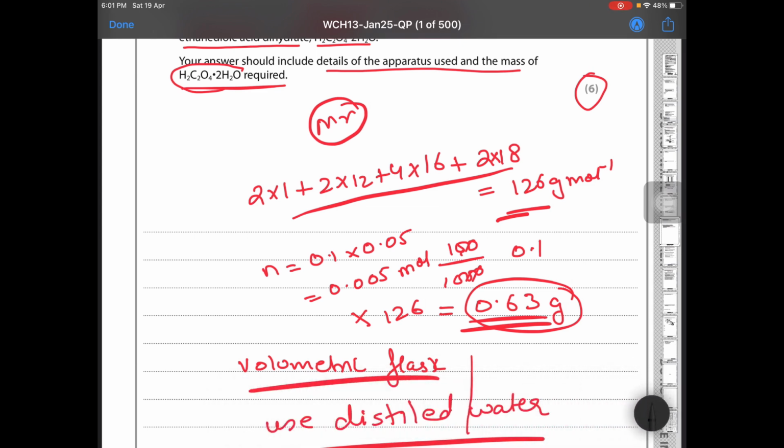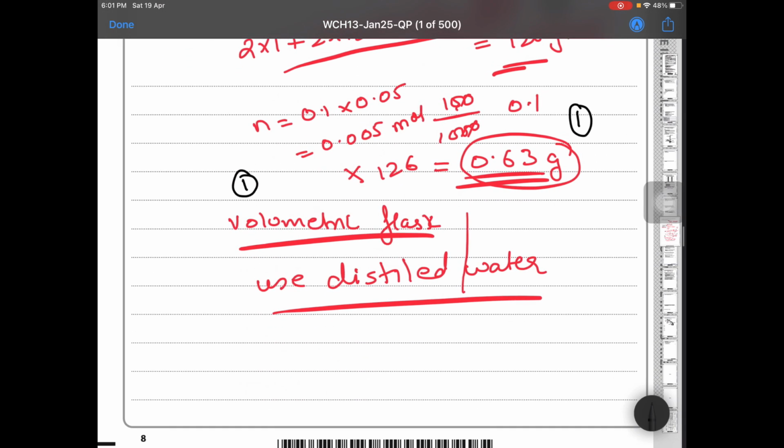The first mark you will get for the MR of your dihydrate. Second, you will get 1 mark for the mass of your dihydrate. Third, you're going to talk about the volumetric flask in which you're going to make your standard solution. Then you're going to talk about the adding of distilled water up to the mark. Even you're going to include the transferring of the solid along with the washing into the volumetric flask.